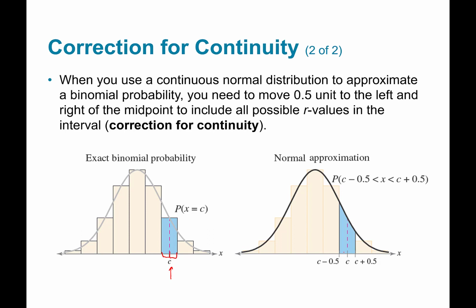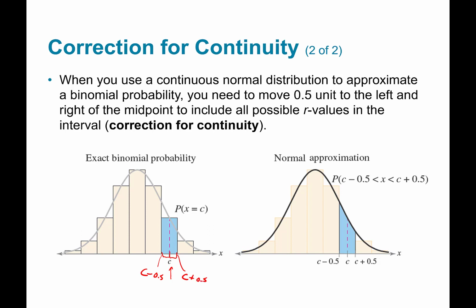Basically, we figure out what the edges of this rectangle are. Remember, to do that, we essentially find our class boundaries. So if we know x is equal to c, then we do c minus 0.5 and c plus 0.5.